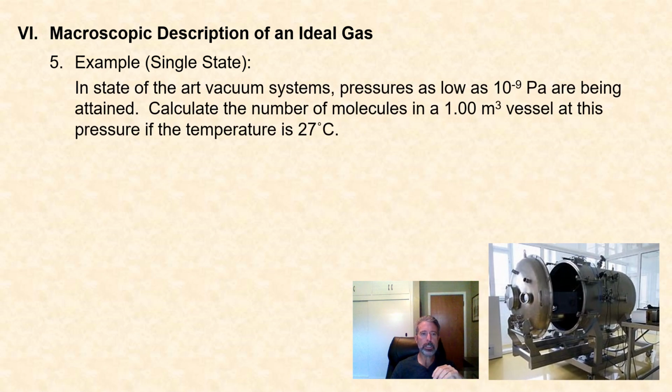And here we're told that in state-of-the-art vacuum systems, pressures as low as 10 to the minus 9 pascals are being attained. Calculate the number of molecules in a 1 cubic meter vessel at this pressure if the temperature is 27 degrees Celsius. So one of the things you've got to really watch out for in these problems is units.